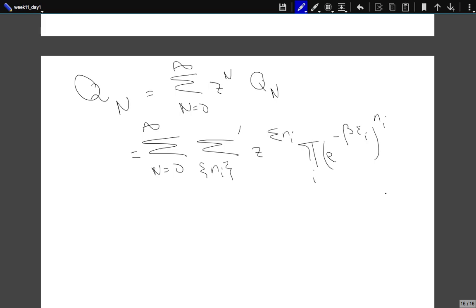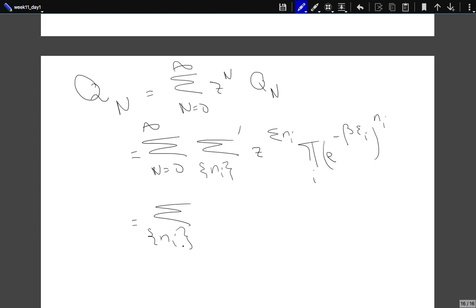But now the sum over n_i with the constraint that their sum should be equal to capital N, and then the next sum over the capital N, basically just gives me a sum over all n_i without any constraint. Because if I don't put any constraint, the n_i can take any value and each one will contribute.